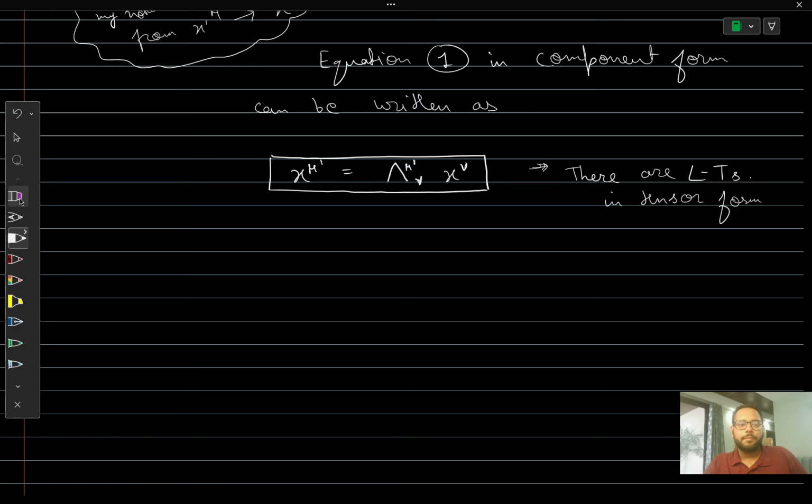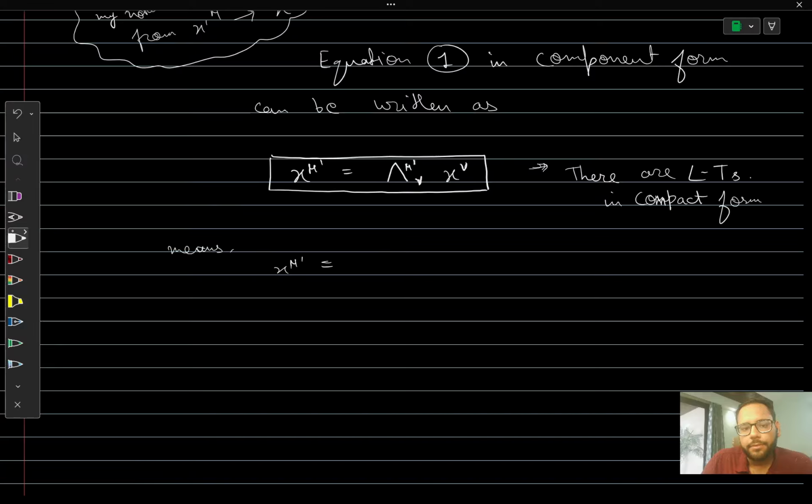Now you can check these are the dummy indices and they are summed over.